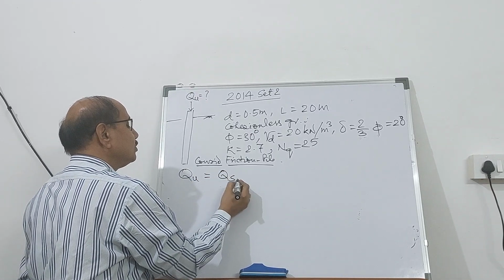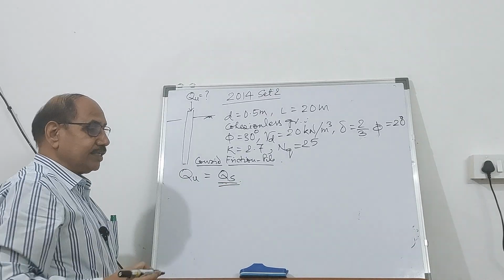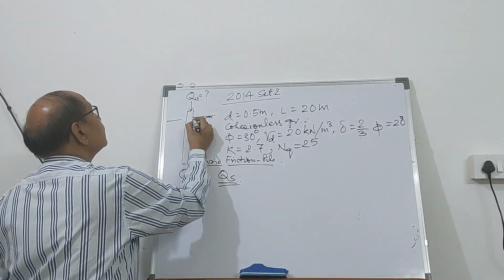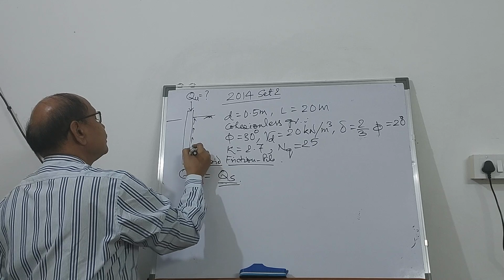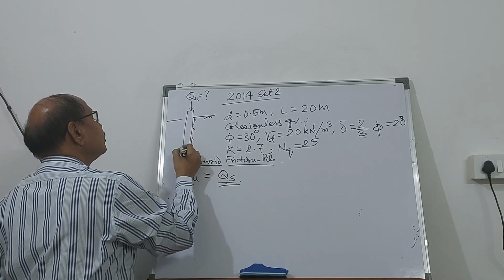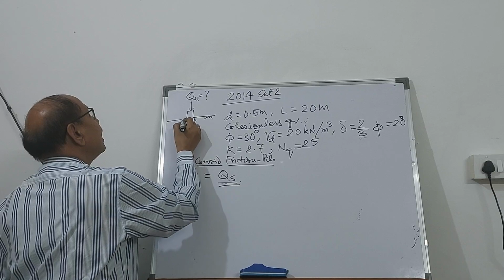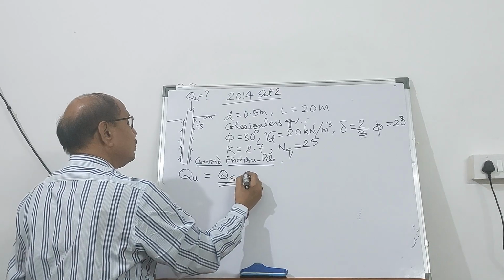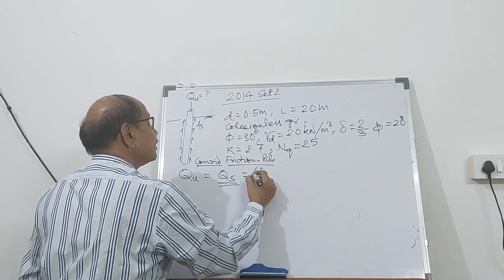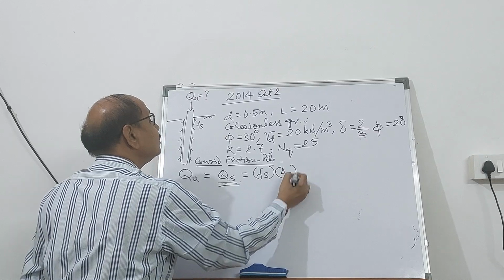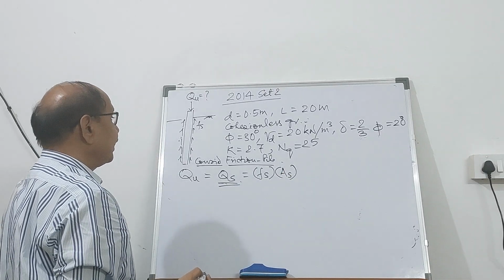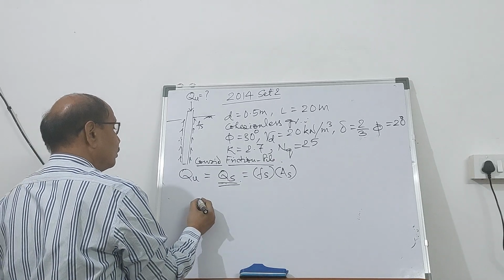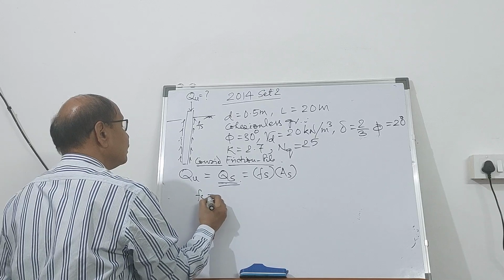Again, the friction pile means it is going to be only skin friction. So how will you calculate the skin friction here? I have already explained that the skin friction will be equal to the unit skin friction multiplied by the shaft area. So, how will you calculate the unit skin friction?